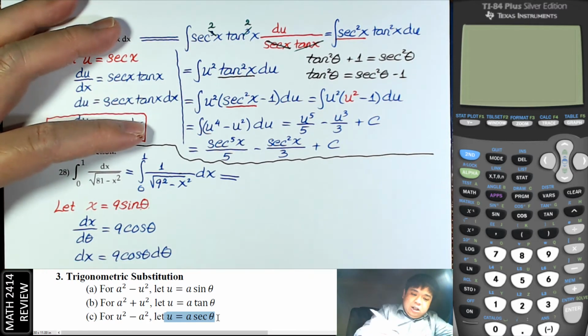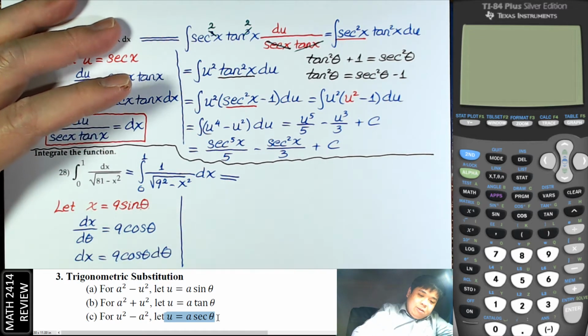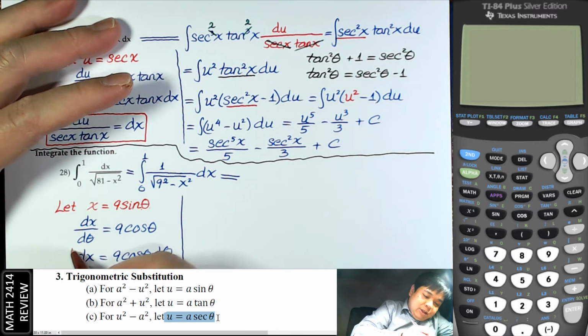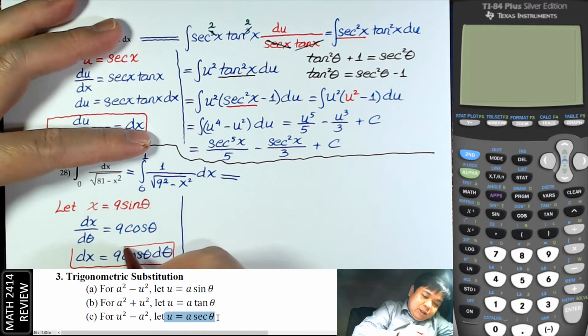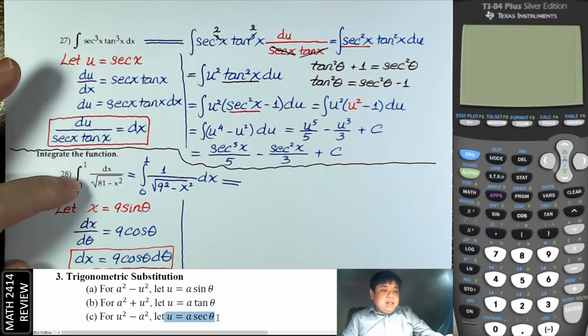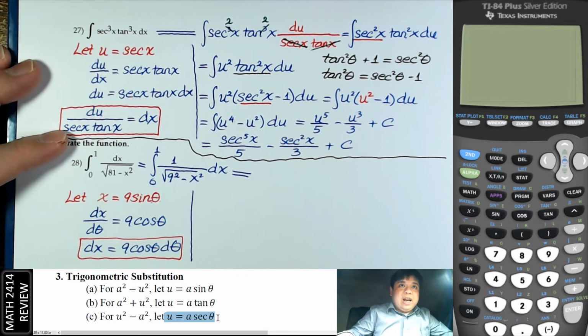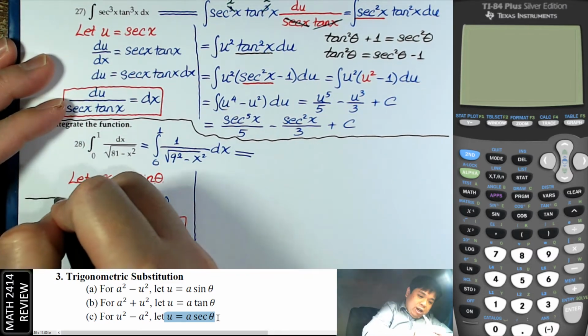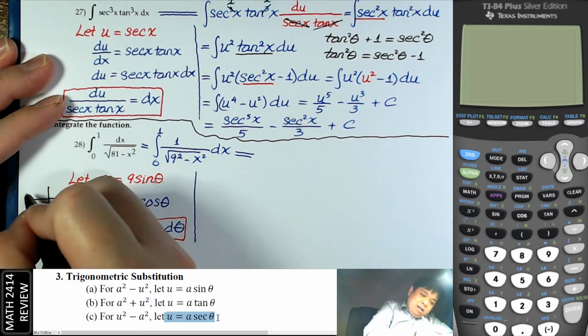Right, that's good for the substitution. Well, this one has limits, so we do need to take care of the limits. Let's make a table for that instead. There's x.